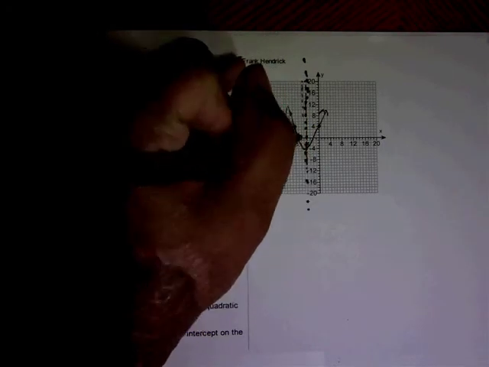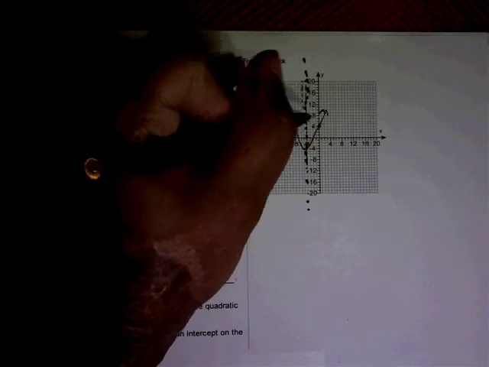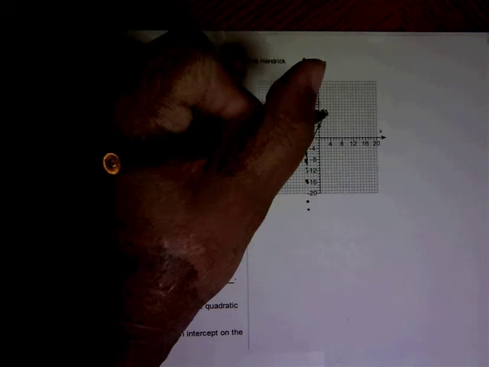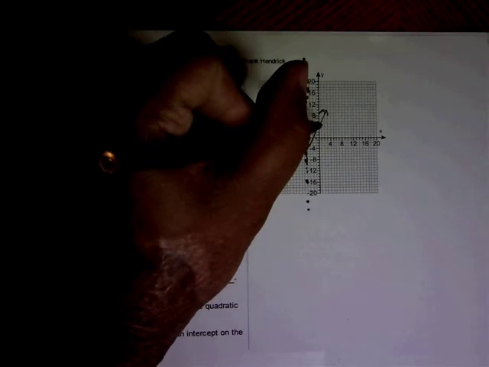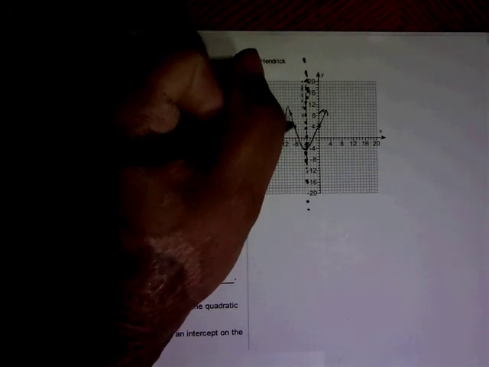Meaning that there's going to be another point on the other side the same distance away. If there's one point here, it's 3 units away, then there's going to be another point on the other side, the same distance away.